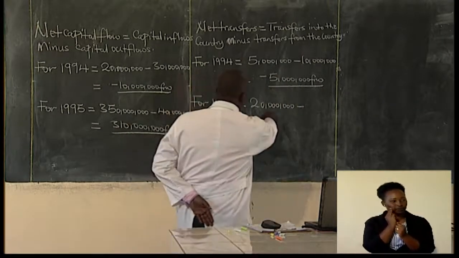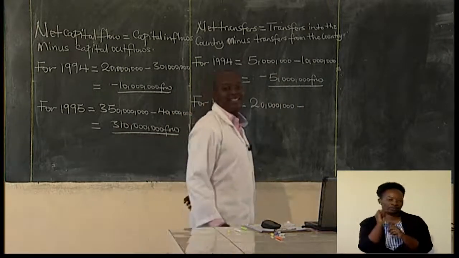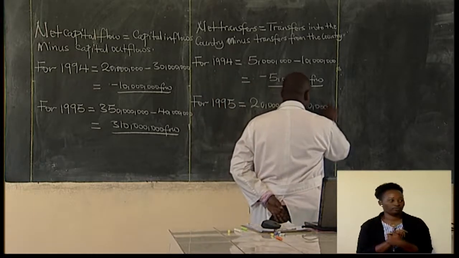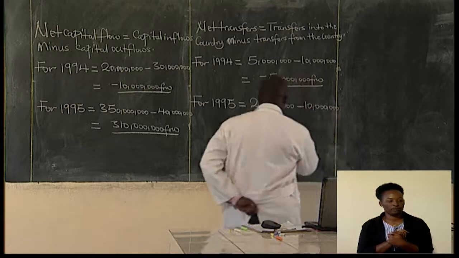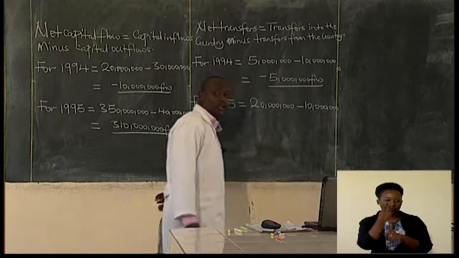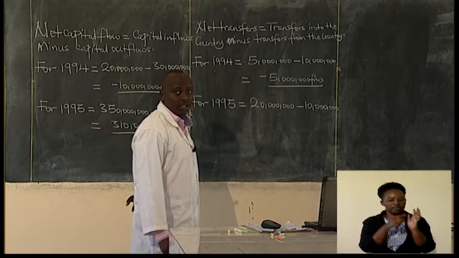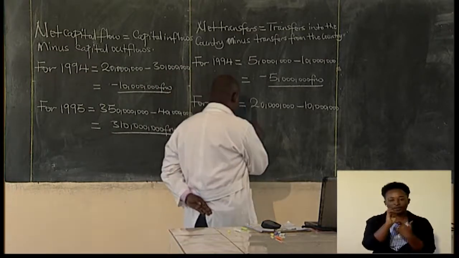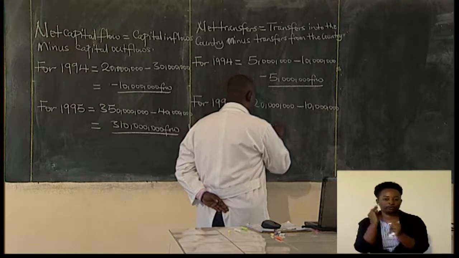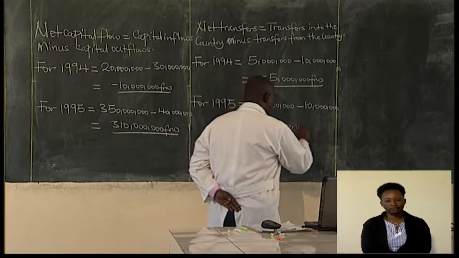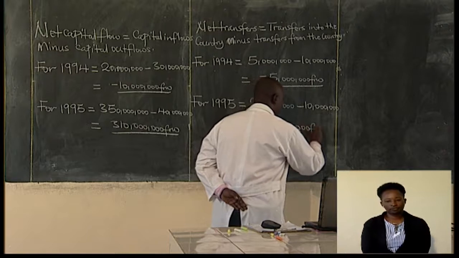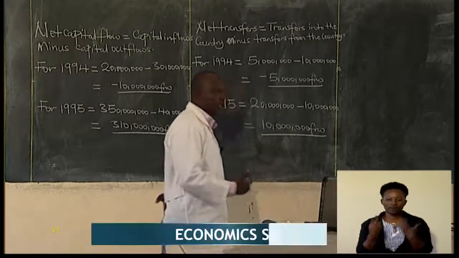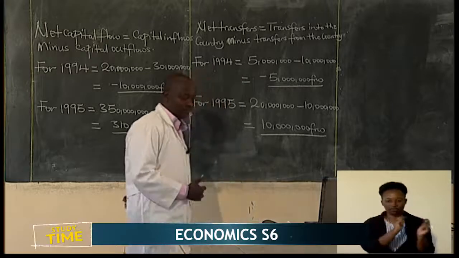Now we shall get 20 million minus 10 million. If you get 20 million minus 10 million, we shall get 10 million. Now, the net transfer in 1995 is 10 million francs. That is how we get the net transfers.